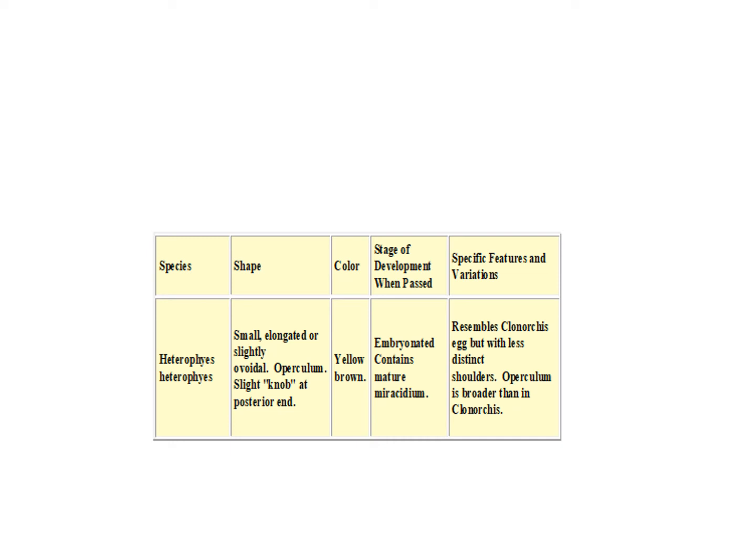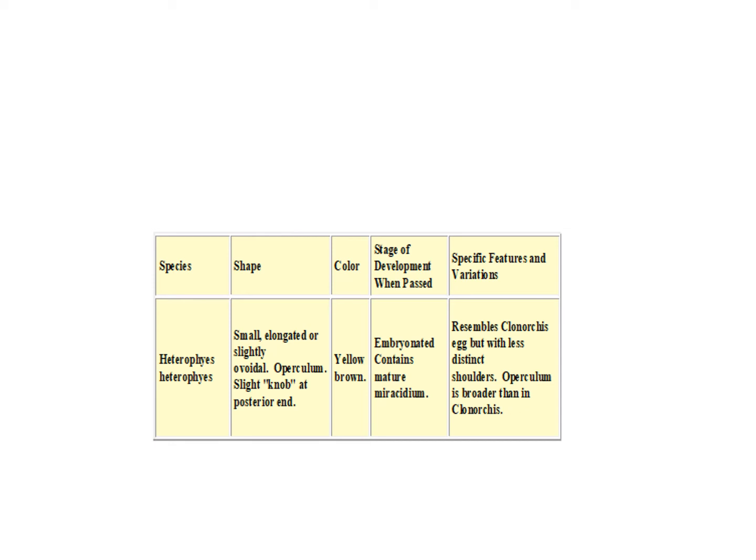This is the second difference. Now about its color: the egg appears yellow to brown, and in this table the criteria here concern the egg stage.